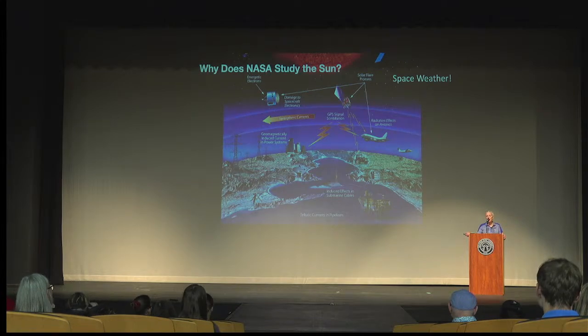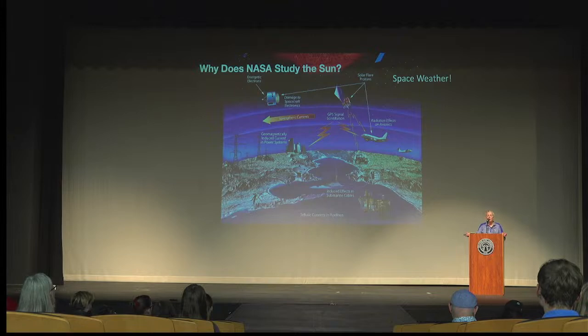This happened in 1989, when there was a power outage in Quebec and the northeastern part of the United States that lasted for several hours. And people were stuck in elevators for several hours because they had no power. And it was caused by ground-induced currents from a coronal mass ejection that interacted with Earth's magnetic field.